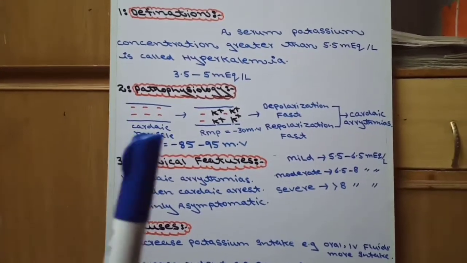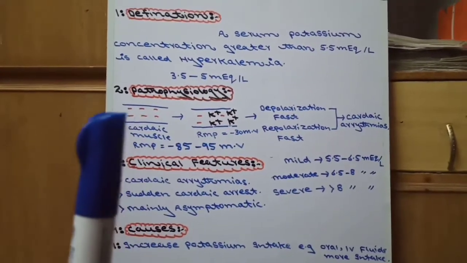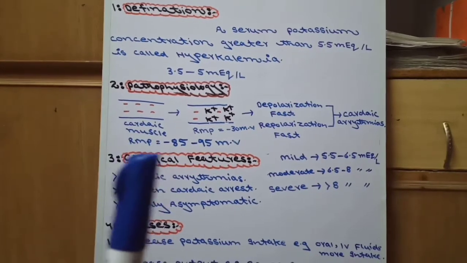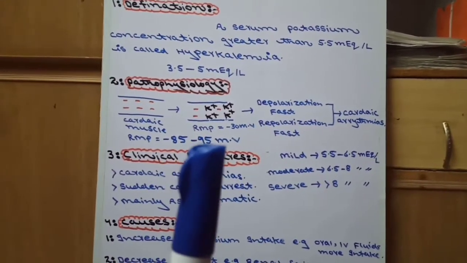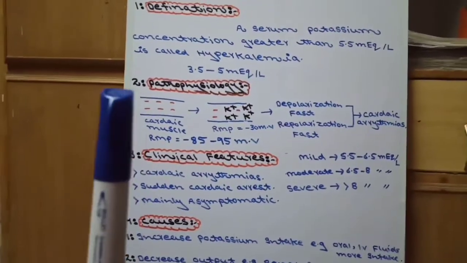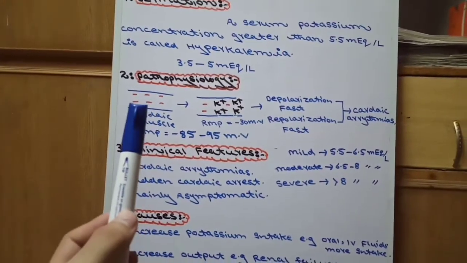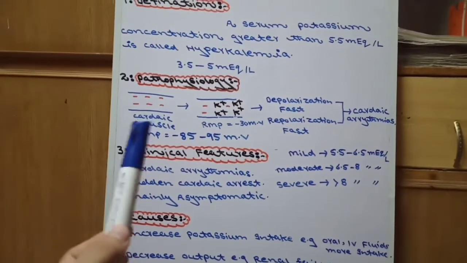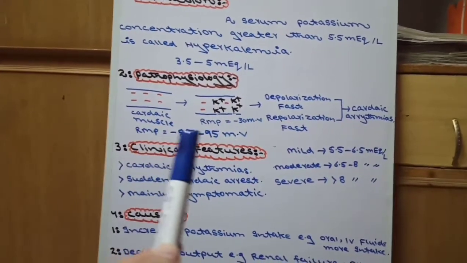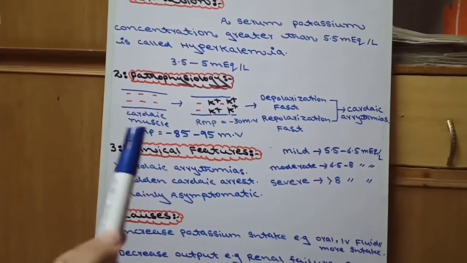This is the cardiac muscle, and the resting membrane potential of cardiac muscle is from minus 85 to minus 95 millivolt. It means inside the cardiac muscle cell there are negative ions, and therefore the resting membrane potential is negative because inside there is more negativity.